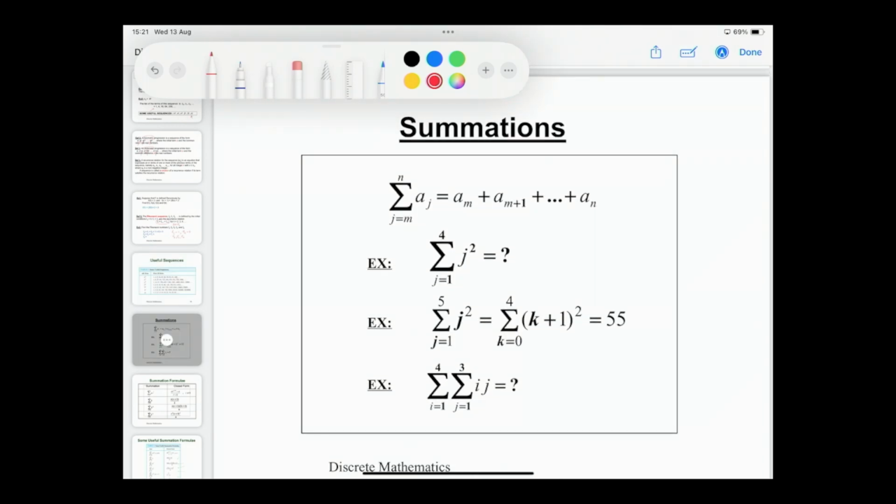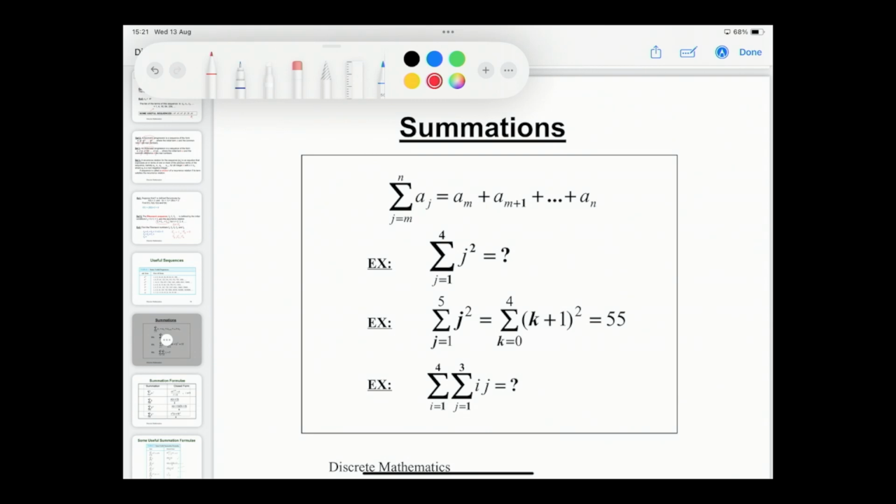Summation. Summation is just about addition, right? This sigma, a Greek symbol, represents the summation. Summation of a_j, where j starts at m, the minimum is m, and at most n.